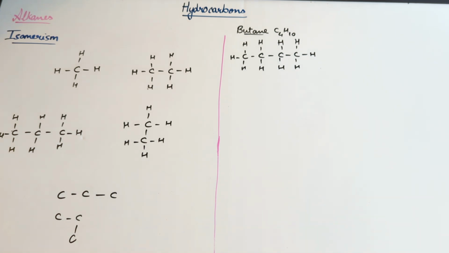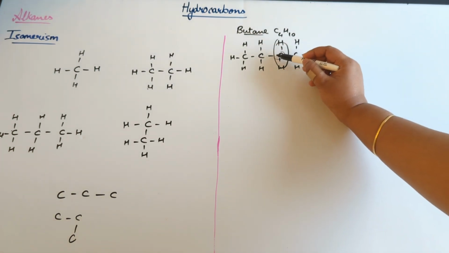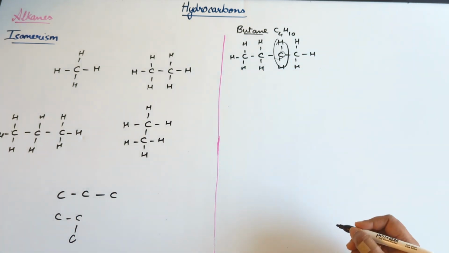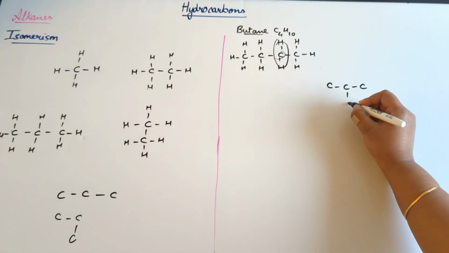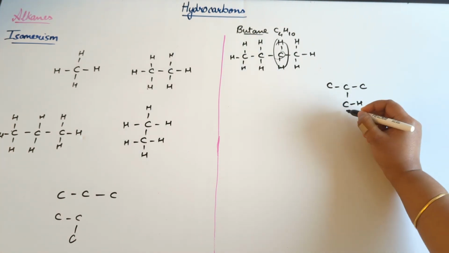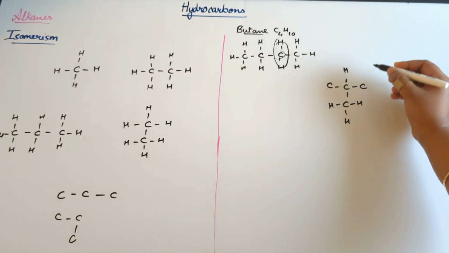But that's not all that we can do, right? What we can do, we can take this carbon atom and just shift it to this side. So we will be getting a propane with another carbon, a methyl group, attached to it. But notice the number of hydrogen atoms are going to stay the same.